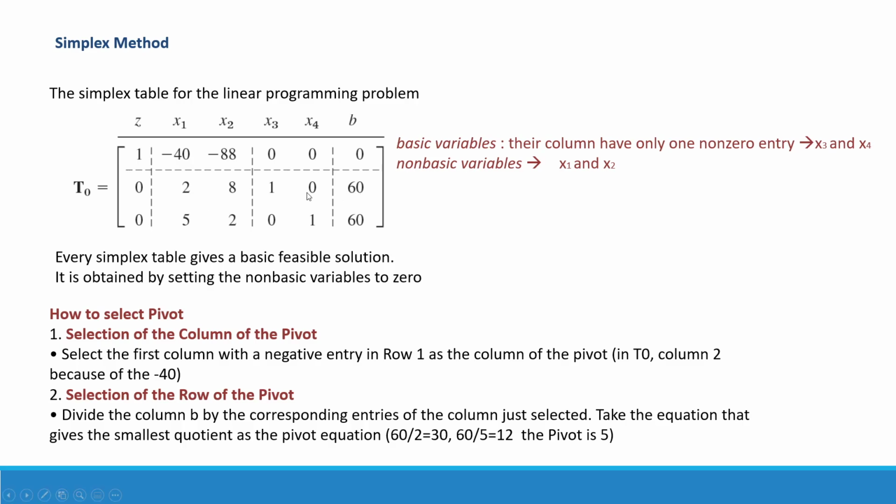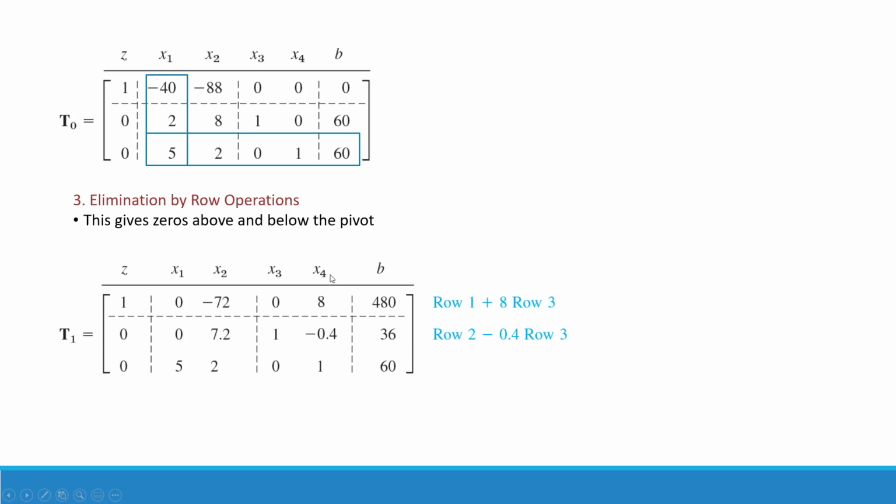In this case, 60 divided by 2 is 30, and 60 divided by 5 is 12. It means that 12 is less than 30. So this is going to be the first column, and this one the first row. We can see it in this way.